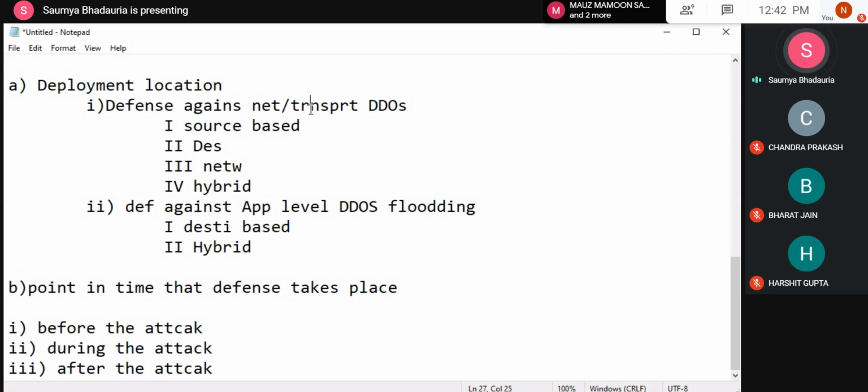Here, you will employ those source-based mechanisms which are normally deployed near the sources of the attack to prevent the network customers from generating DDoS flooding attacks. These mechanisms will normally take place at the edge routers of the source's local network or at the access routers of an autonomous system. There you are talking about edge routers.